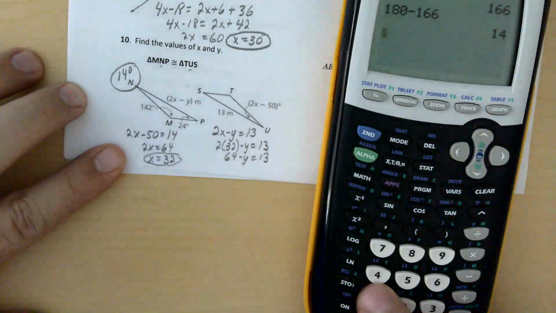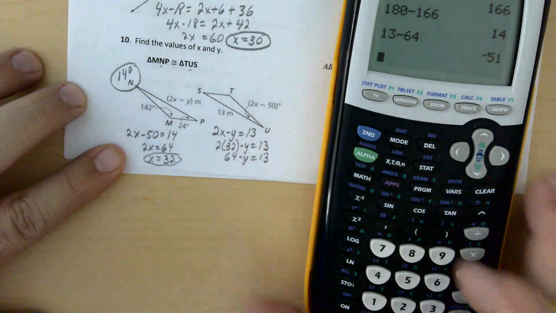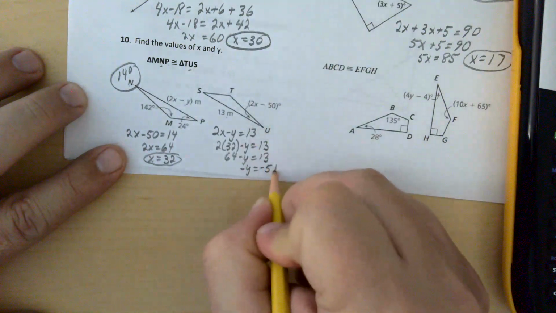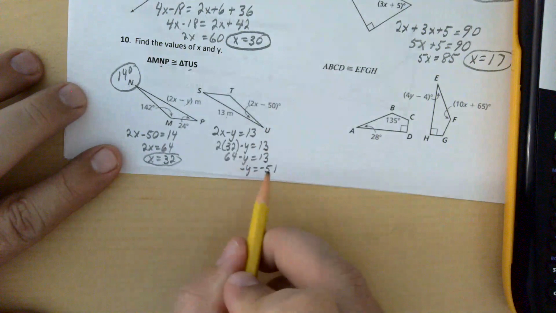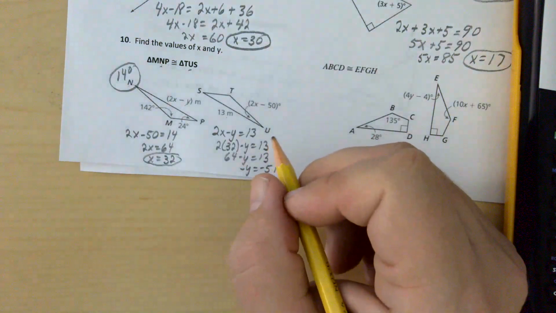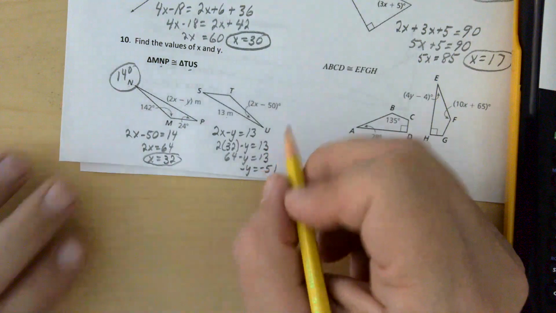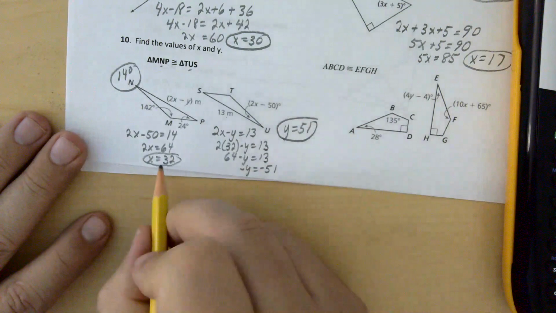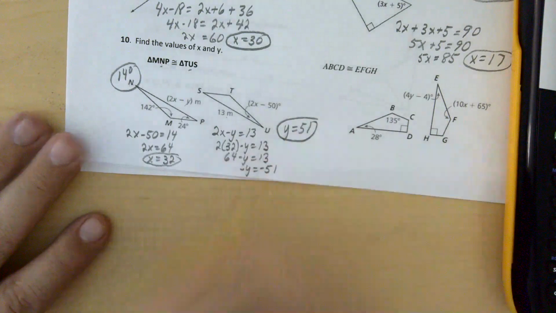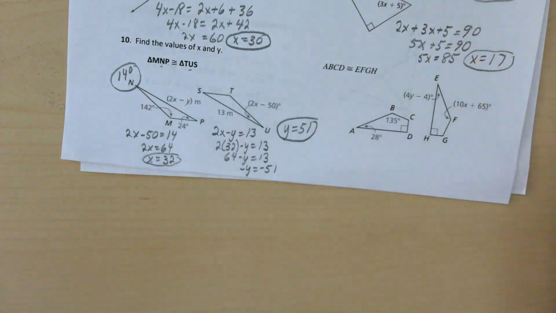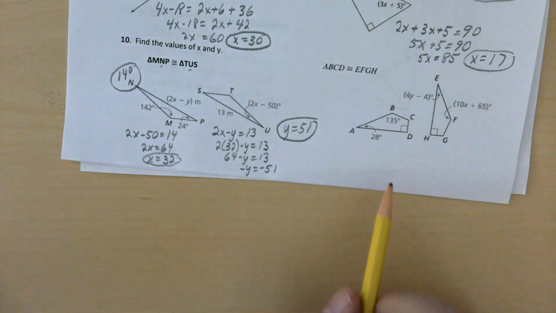I'm going to take 13 minus 64. I'm going to get negative 51. Okay. Negative y would equal negative 51. Therefore, y is going to end up being positive 51. Okay. So x is 32. Y is 51.